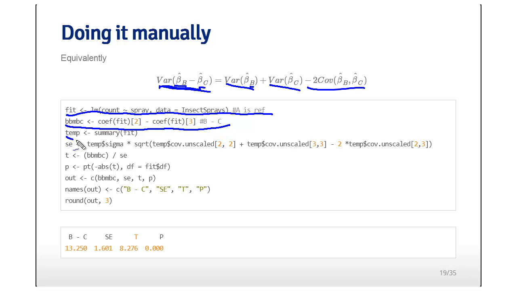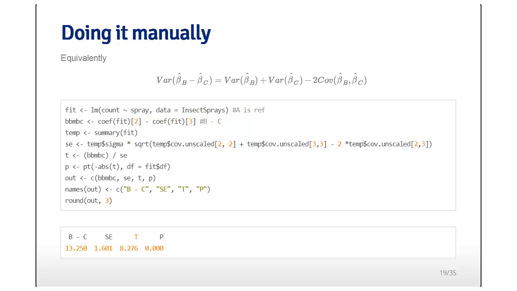And then let me just take the summary of that fitted model and assign it to a variable. And then what I want to get is the standard error of that comparison. So that is this term here, right?